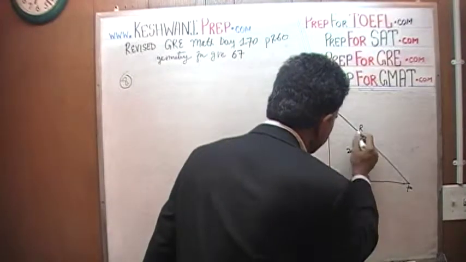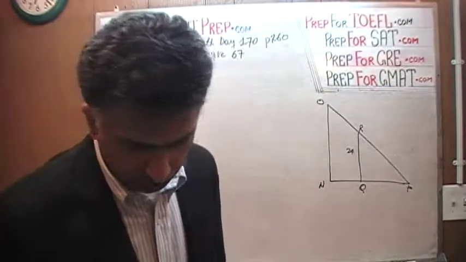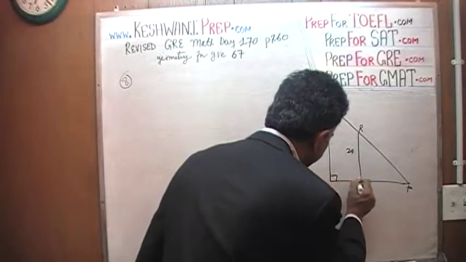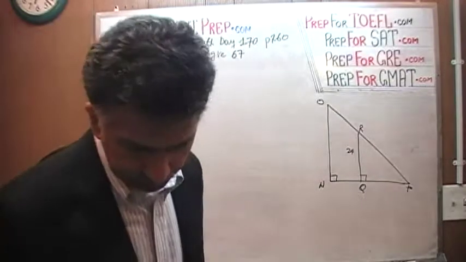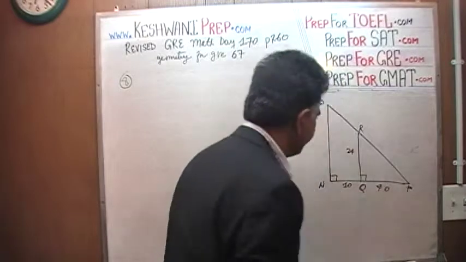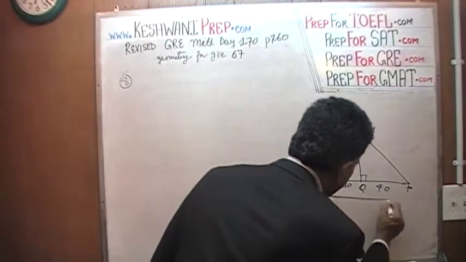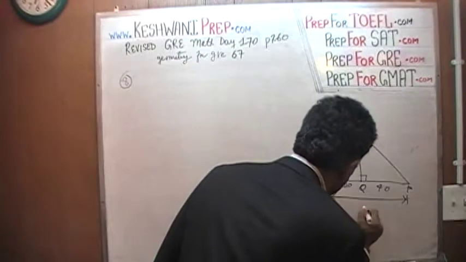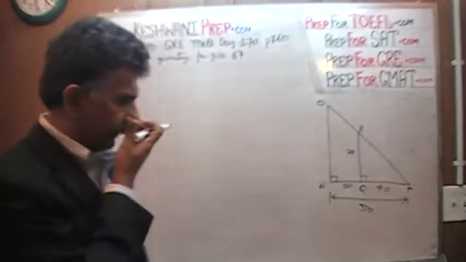We are told that Q to R is 24. We know that this is a right angle, this is a right angle, and we know that this is 10 and this is 40. In other words, the whole thing from here to here, N to P is 50. That's what we are told.